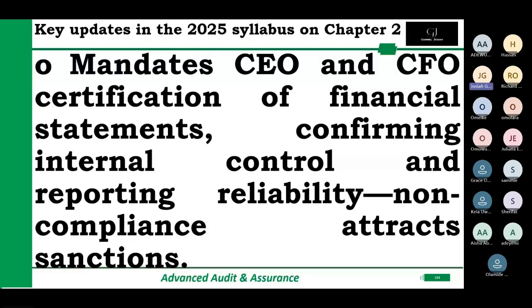So the current dispensation has stated that they are responsible for this and they must sign and attest to it. And ICFR coming is to test and ensure that the design and implementation of these internal controls that produce the financial report works. And also compliance with laws and regulations to avoid sanctions is also the responsibility of the CEO and CFO, of which they must certify in the financial statements.